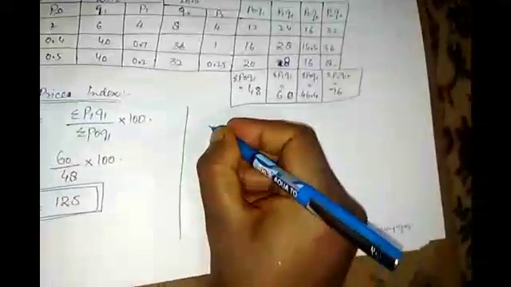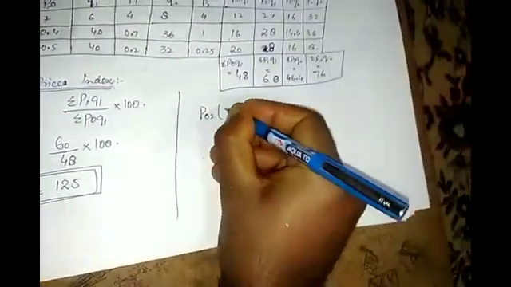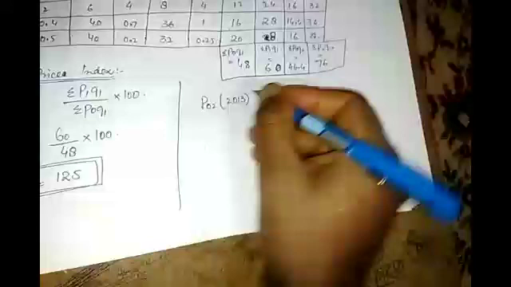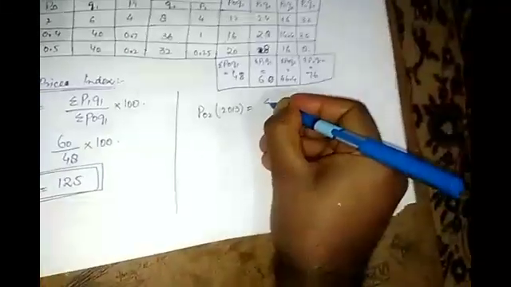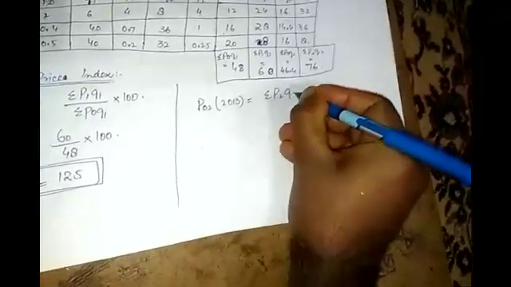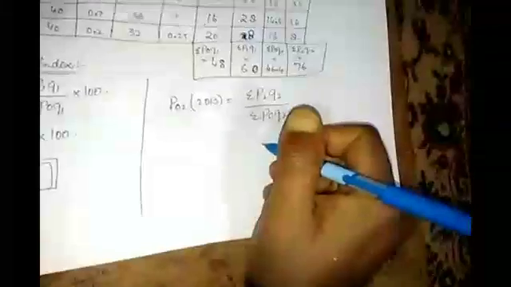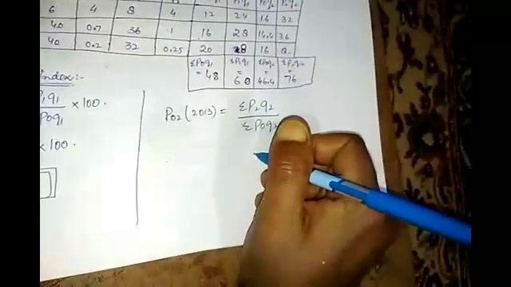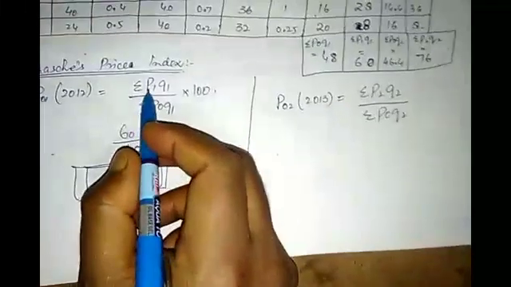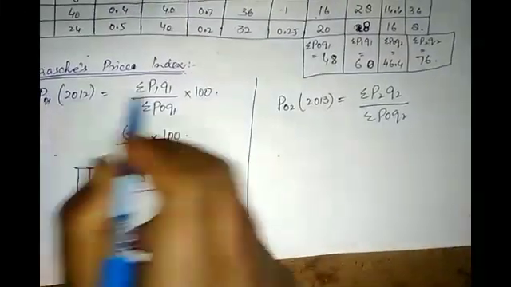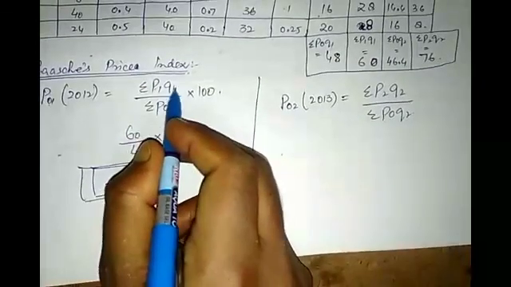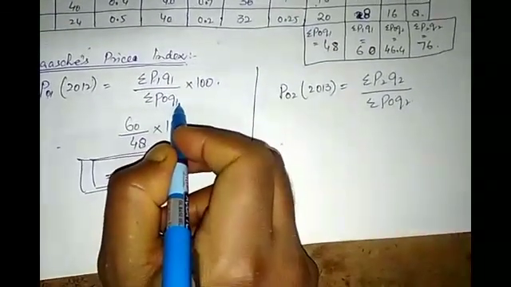Now we will move forward for P02 of 2013. It is equal to summation of P2Q2 divided by summation of P0Q2. Only we have to change P1 to P2, Q1 to Q2. Remember this. For P01, it is P1Q1 divided by P0Q1.